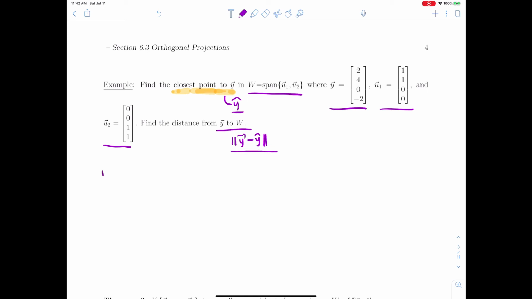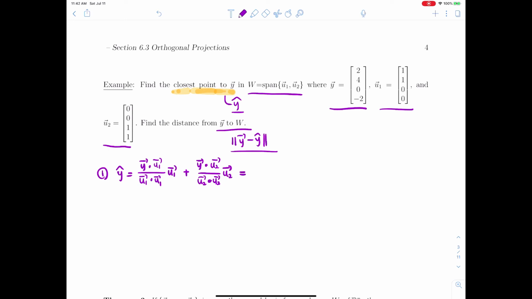So first of all, y hat is defined by y dot u1 divided by u1 dot u1, multiplied by u1, and you do the same thing for u2, which gives you this vector.